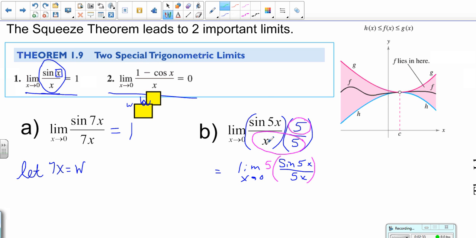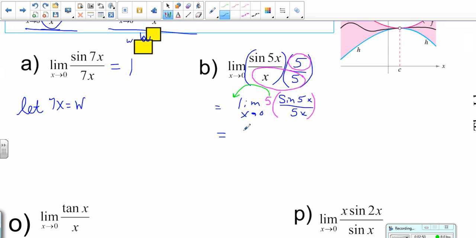And then, remember that scalar? This is like a multiplier in front of a function. I really could bring that out by the properties of limits. And simplify this all the way down to, now you're going to like this, 5 times the limit as x heads to 0 of sine of 5x over 5x.